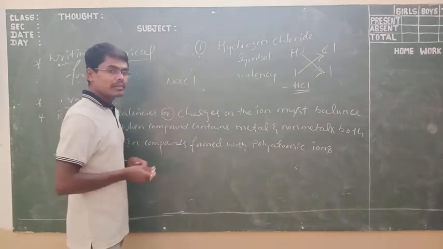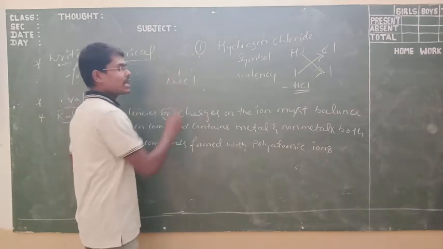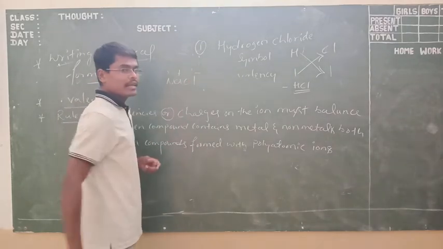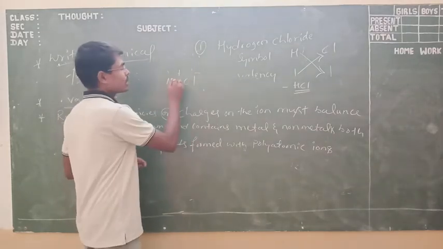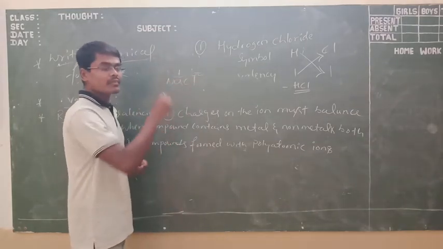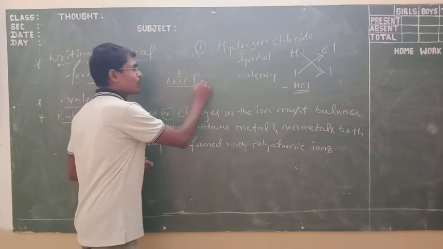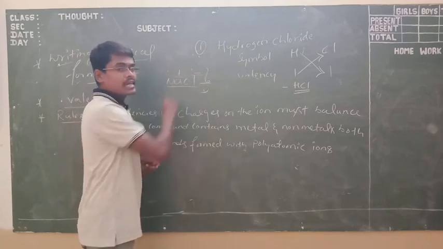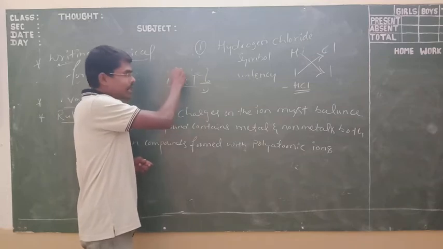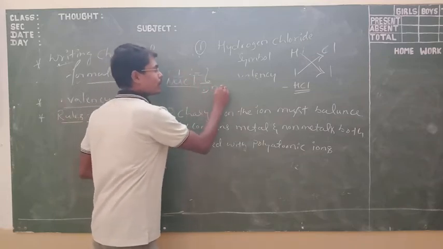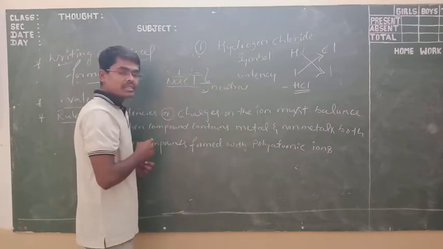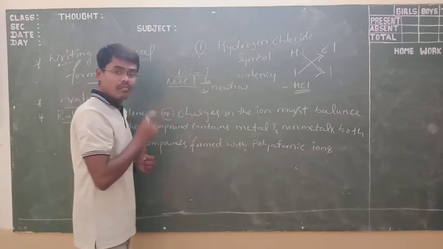In your table, Na is a positively charged ion and chlorine is a negatively charged ion. Now look here, both the positively charged and negatively charged ions should be present in this compound, then only it is a stable one. With the presence of both the cation and the anion, the compound becomes neutral, steady and stable.